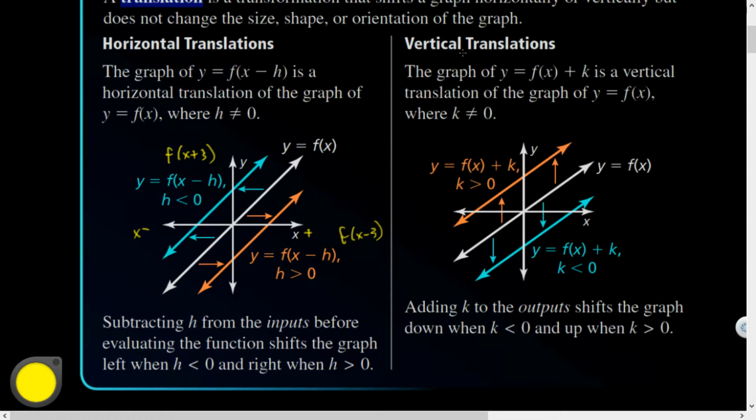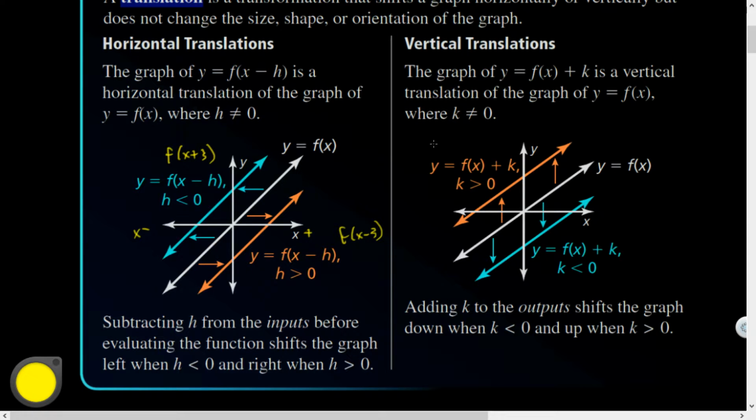A vertical translation, notice the similarity here. The minus h was being applied to the input. Here this plus k is happening after my function is evaluated, so it's after everything has happened to the x. Then if I just say, take all your outputs and add k to them, that would result in a vertical translation of the graph, where it shifts it up whenever k is positive.